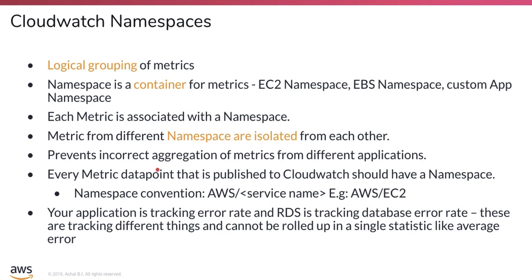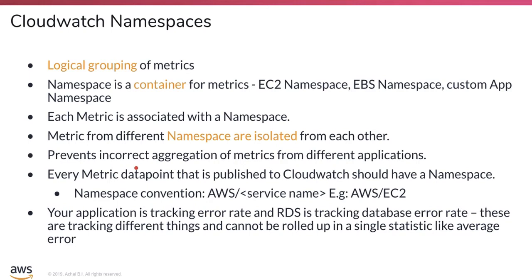Metrics from different namespaces are isolated from each other. CPU utilization for EC2 cannot be overlapped with CPU utilization of EBS or disk operations, something like that. Both metrics are isolated from each other.